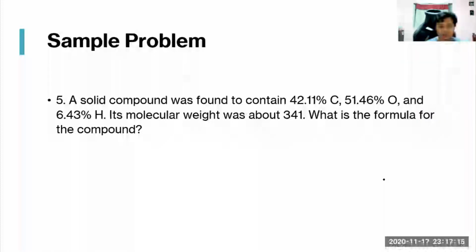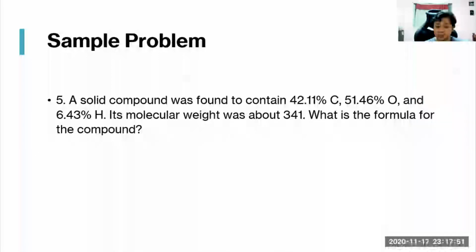A solid compound was found to contain 42.11% carbon, 51.46% oxygen, and 6.43% H. Its molecular weight was about 341. What is the formula for the compound? If you remember in your general chemistry, if you are given the percentages of the elements, you have to assume that it is in weight basis.